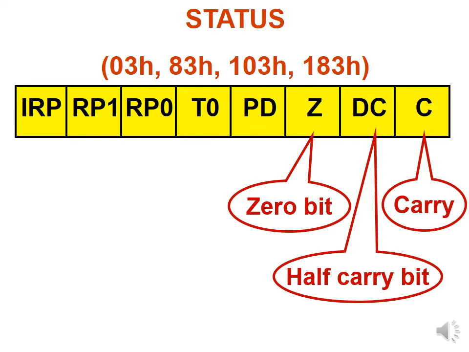This means that this SFR is reflected in all the 4 banks. The STATUS SFR is made up of the bits as indicated on the illustration. There is the carry flag, the half carry flag, and the zero flag. These indicate the corresponding results in arithmetic and logic operations.